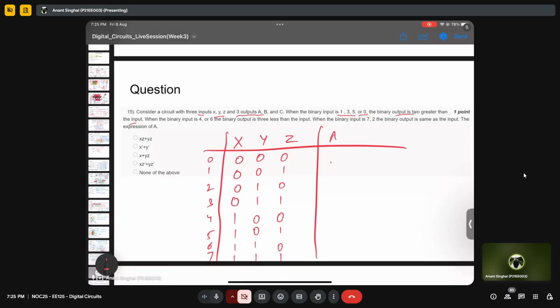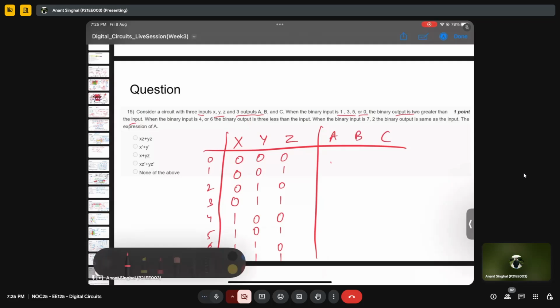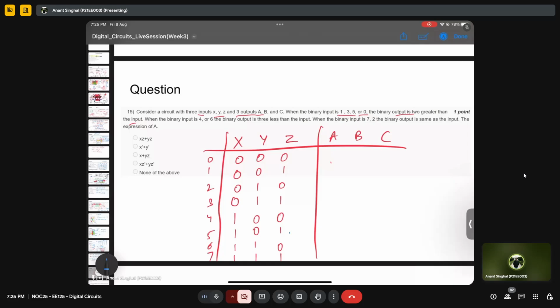And the output is called ABC. When the binary input is 1, 3, 5, and 0, that means 0, 1, 3, 5.